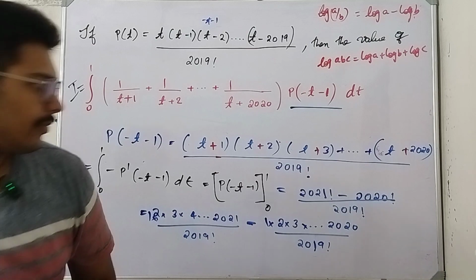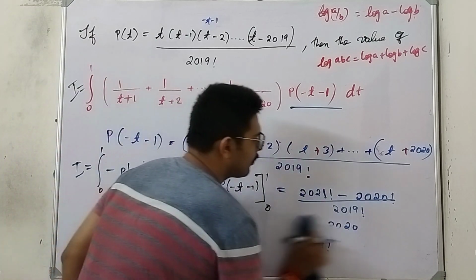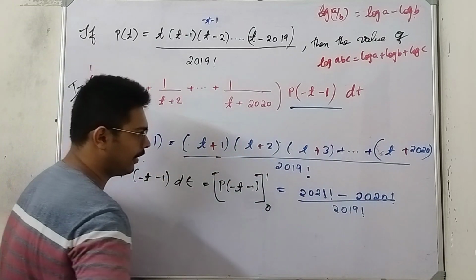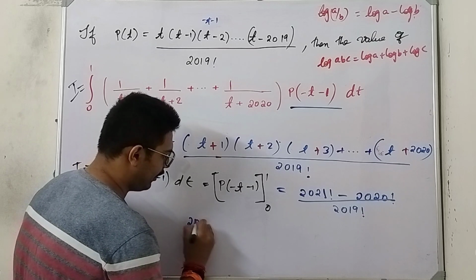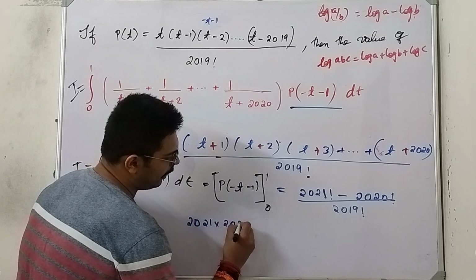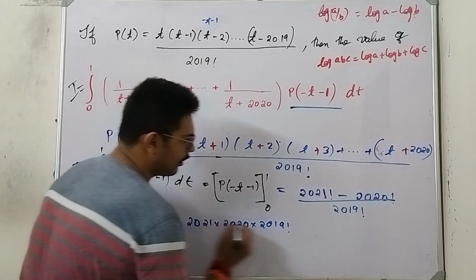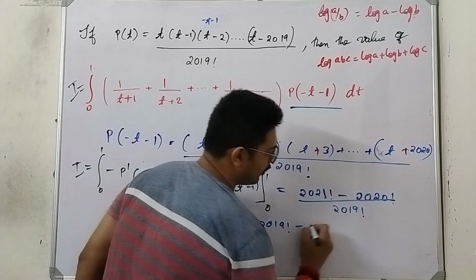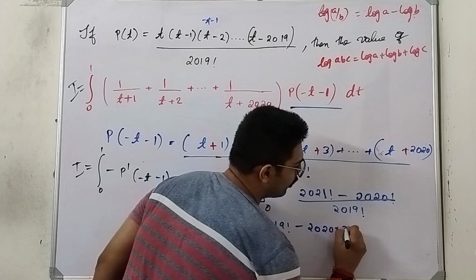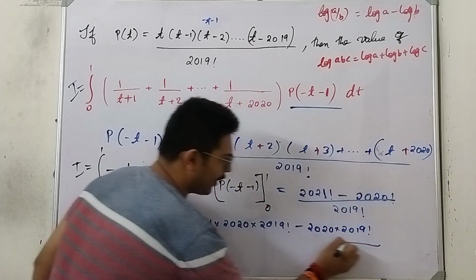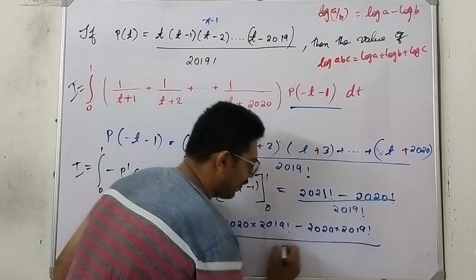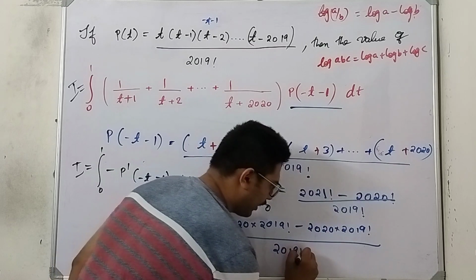Now, what is 2021 factorial? It will be 2021 into 2020 into 2019 factorial, minus 2020 into 2019 factorial. 2020 factorial is 2020 into 2019 factorial. It will be again 2019 factorial.